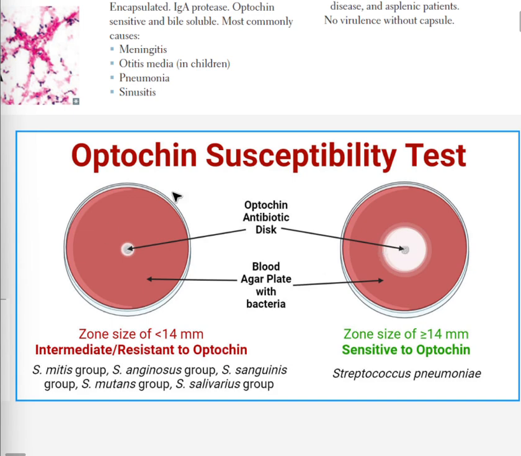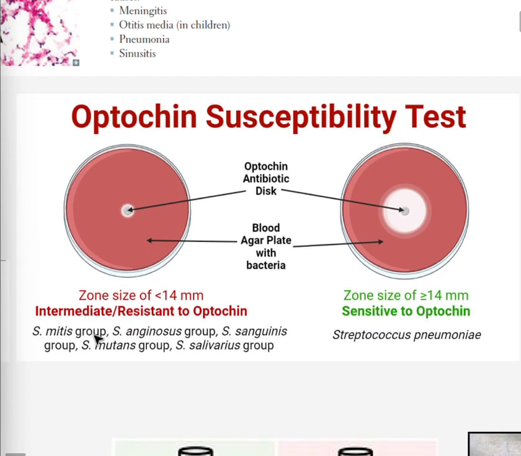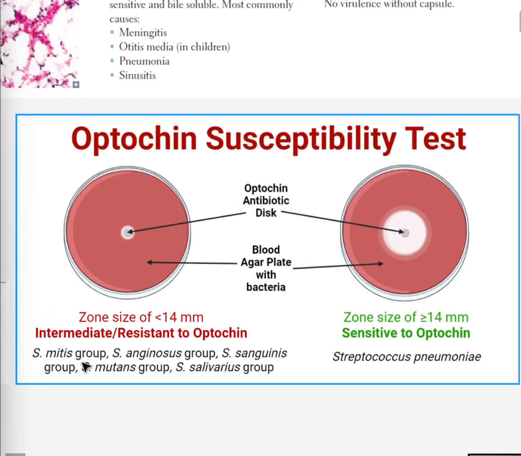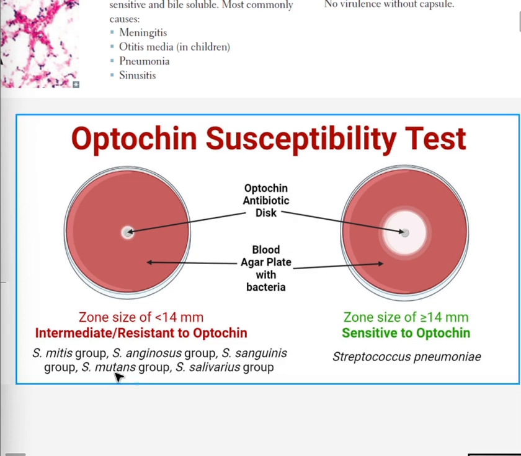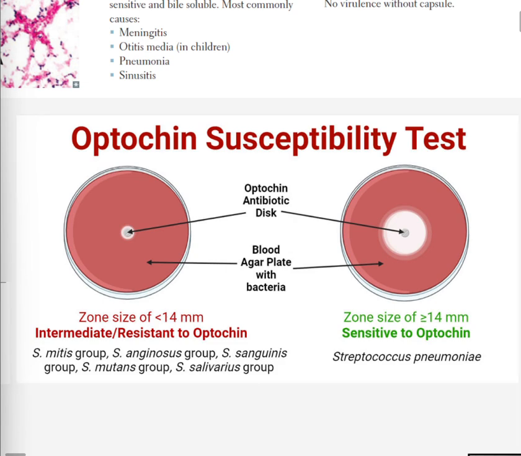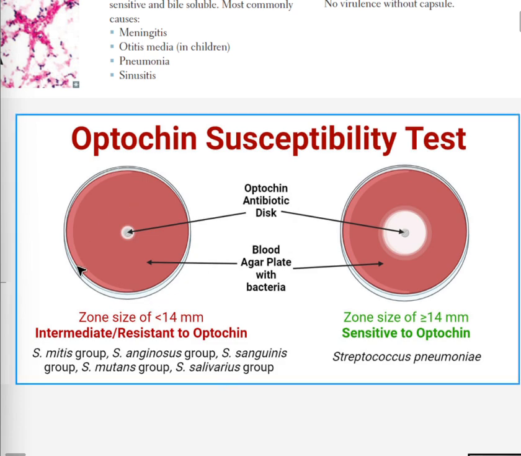But if it is resistant, then you know it is either Strep mitis, Strep sanguinis, Strep mutans or Strep salivarius. So if bacteria grow right up to the disc, you know it's viridans.